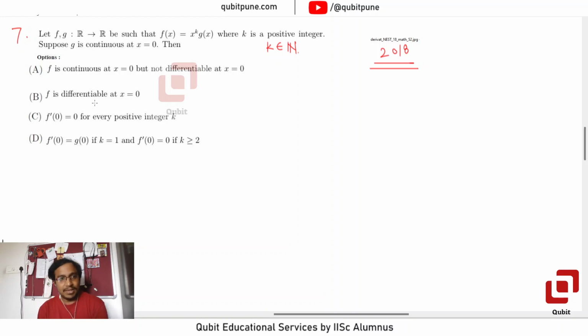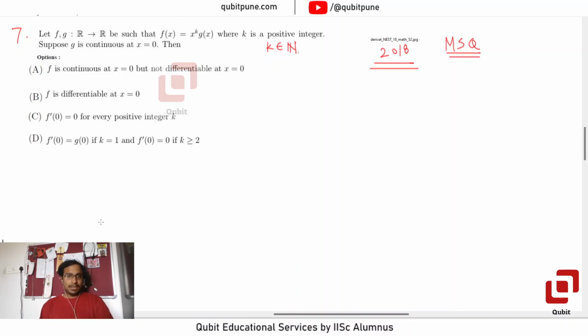Option B, f is differentiable at 0. Option C, f dash of 0 is 0 for every positive integer k. Option D, f dash of 0 is g of 0 if k is 1, and f dash of 0 is 0 if k is greater than or equal to 2. This is also a multiple select question.